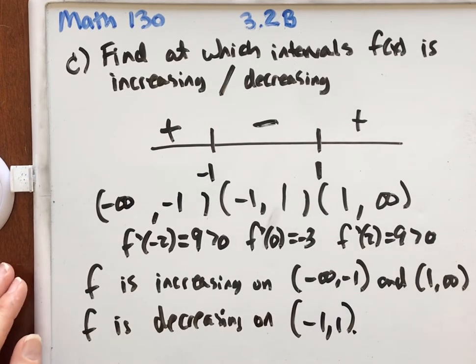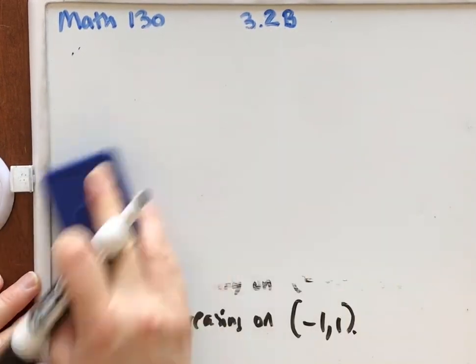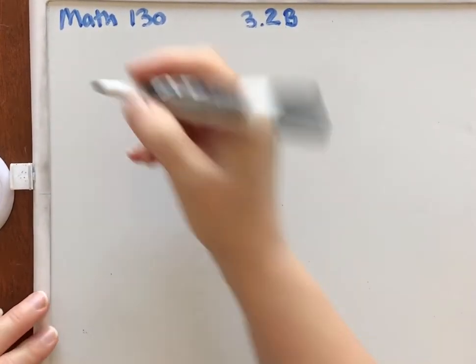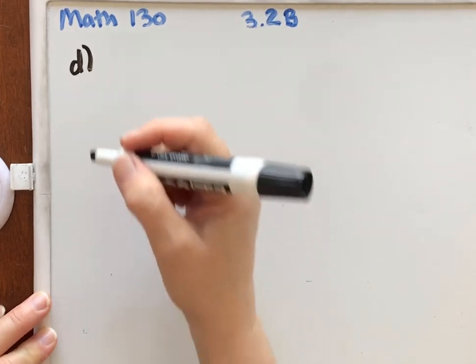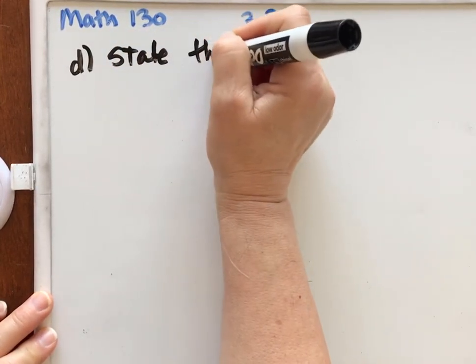Okay. We're going to keep going. Letter D, state the relative max and min.